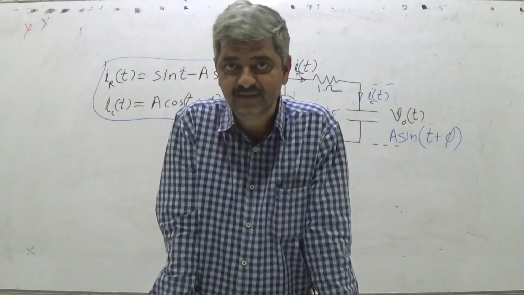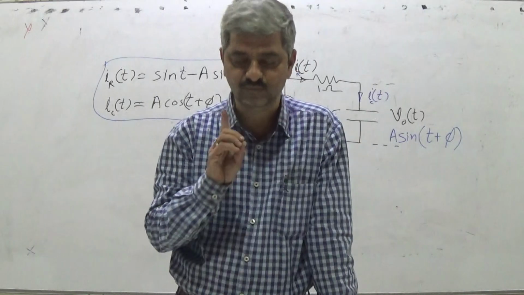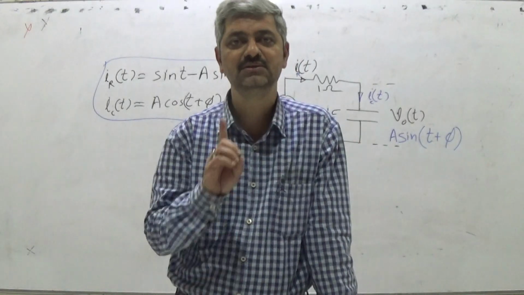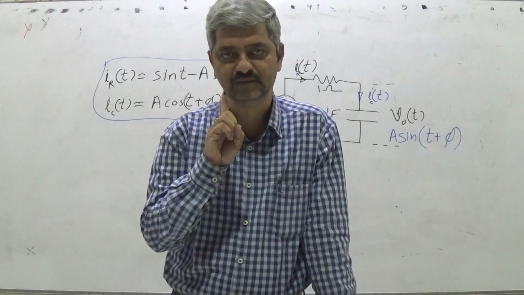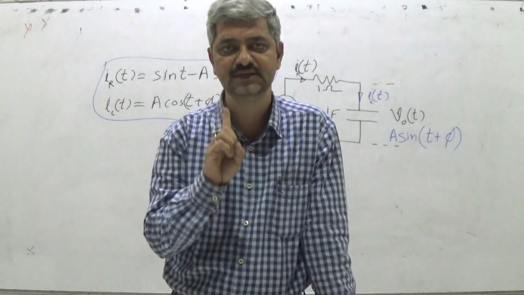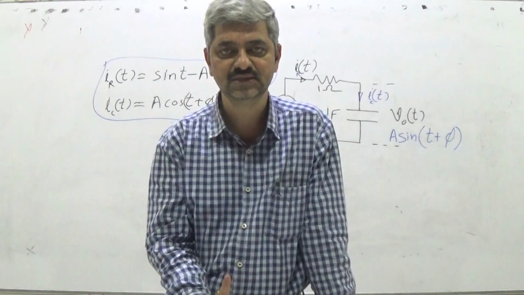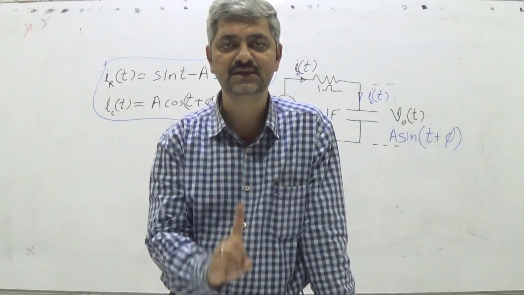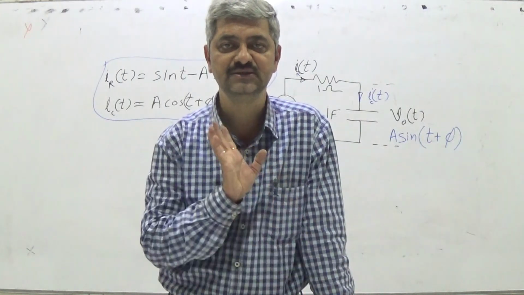And for that, only what is known to us: resistor current is voltage across resistor upon resistance. Capacitor current is C into derivative of voltage.